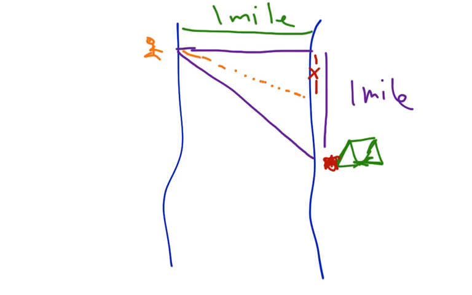Now x could be 0, that would mean I swim directly across, or x could be 1, which means I would swim directly to the campsite, but those are the possibilities. Well, if that's x, what's left over for this little segment down over here? This is going to be 1 minus x, because the whole distance was 1. And so whatever was left from the 1 mile after we take away x, that's what's down to that portion over there.